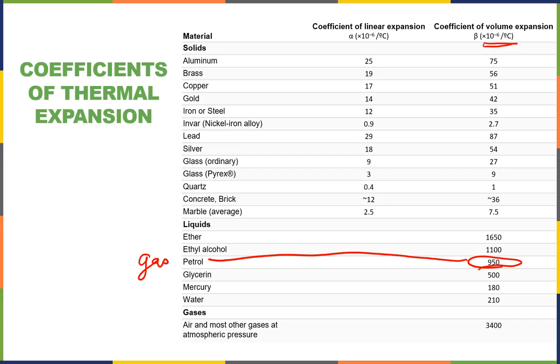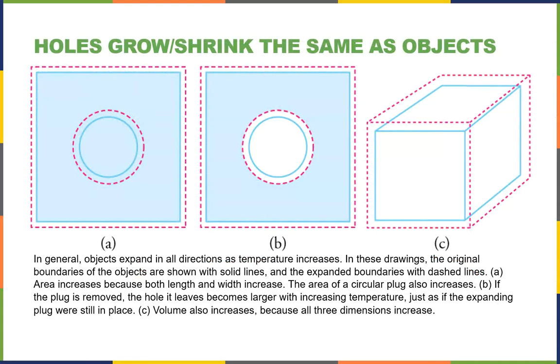It's a very small change in volume per change in temperature. And for iron or steel, the coefficient of volumetric expansion is 35. So those two numbers we're going to use in our problem coming up in a minute to do a calculation that's actually very fundamental and useful. It's something I've made a mistake with myself.